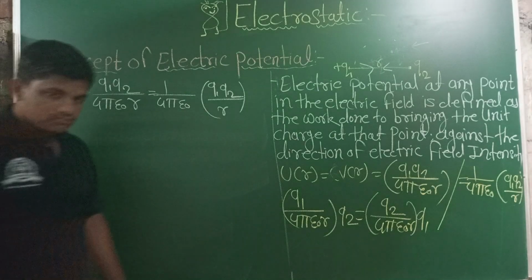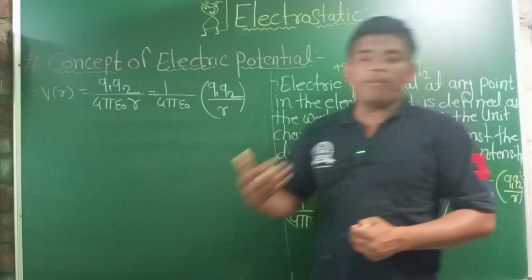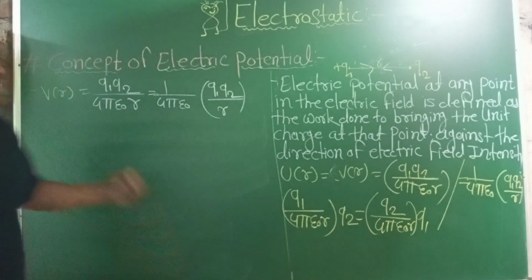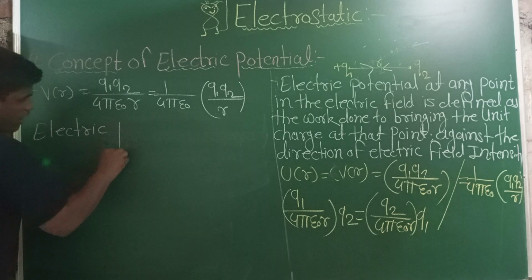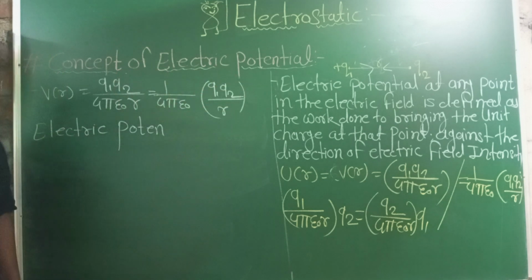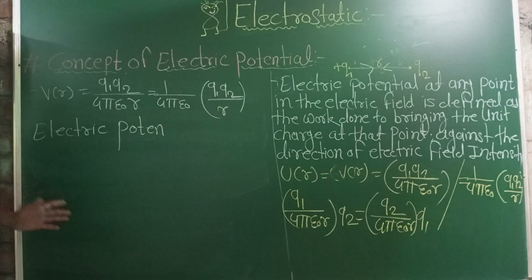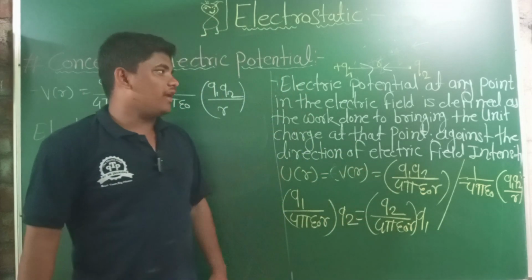Now, to find the electric potential in terms of potential energy. We are dealing with the concept of electric potential. In this concept, we must know what the electric potential is.